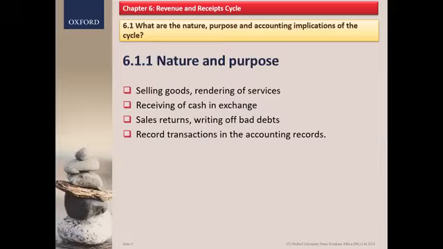Right. Then what are the nature, purpose, and accounting implications of this particular cycle? As you know, the revenue and receipt cycle deals with selling goods, rendering of services, receiving cash in exchange of goods sold, sales returns, and also writing off bad debts and recording transactions into the accounting books.